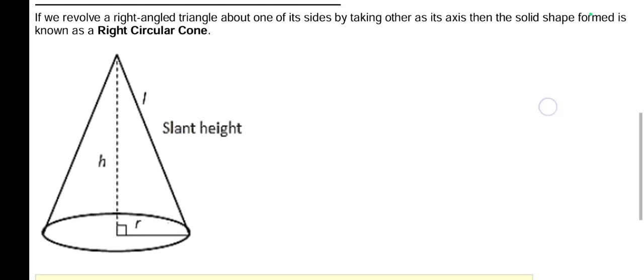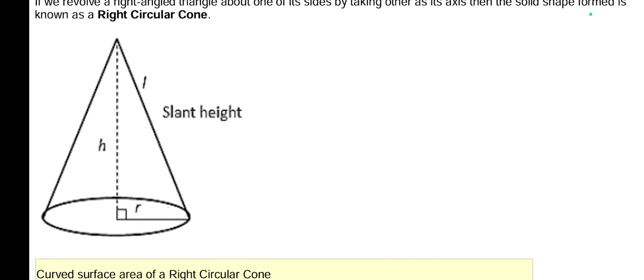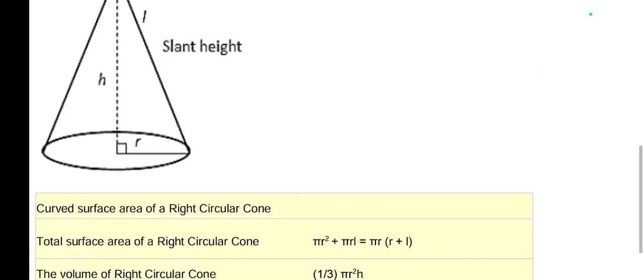You can see this is the right circular cone. These are the parts of a cone. One is the radius, which is from the center to the boundary point, and the perpendicular length is called height, and the length of the hypotenuse is called slant height.